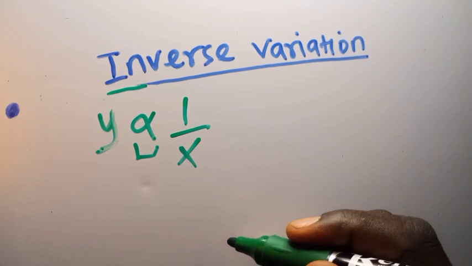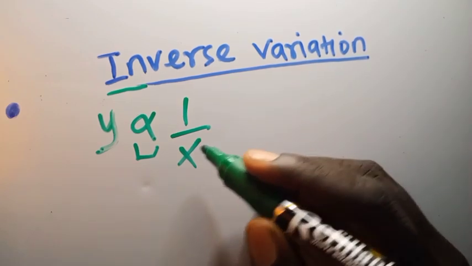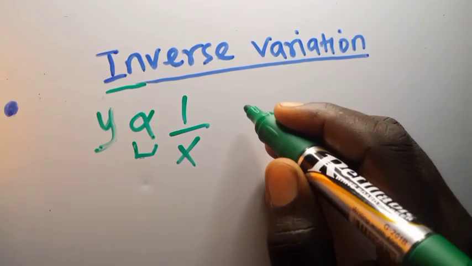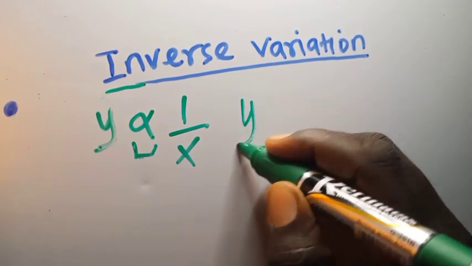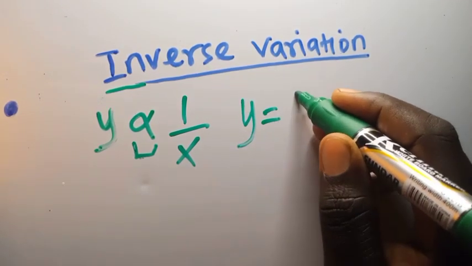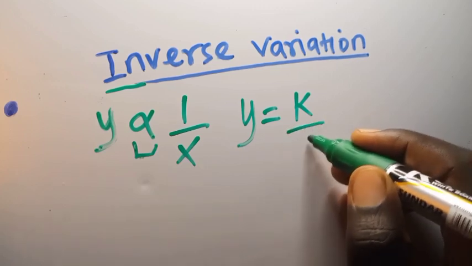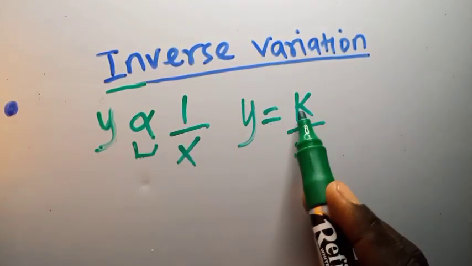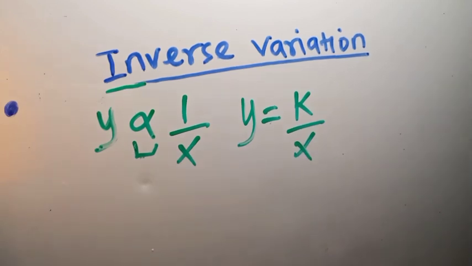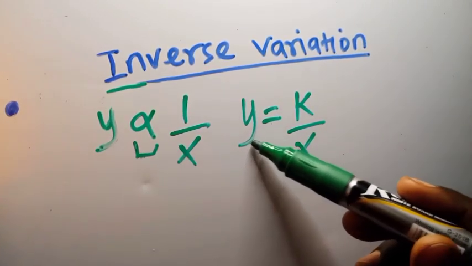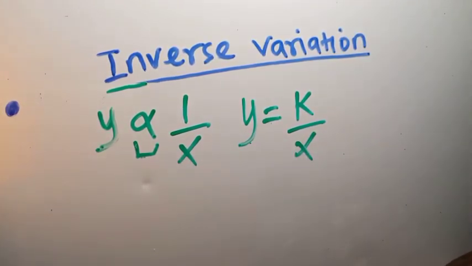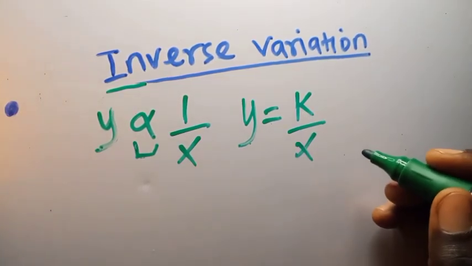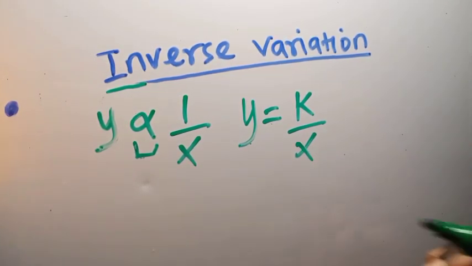If I introduce a constant, then this sign of proportionality will disappear, and I also introduce an equal sign. Therefore, the equation connecting x and y will be y equals k over x. Y and x are variables, but k is a constant.